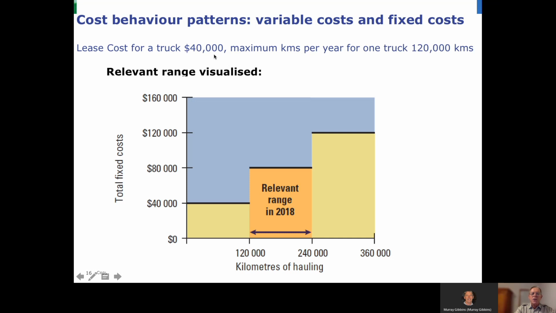It's $40,000 per truck, and the maximum kilometres that one truck can conceivably travel is 120,000 kilometres. So if we want to operate in this range of 120 to 240, we're going to need to buy 2 trucks. So it steps up. 1 truck can do 120,000. We step up to 2 trucks can do 240, and we'll need a 3rd truck if we want to operate at this level.